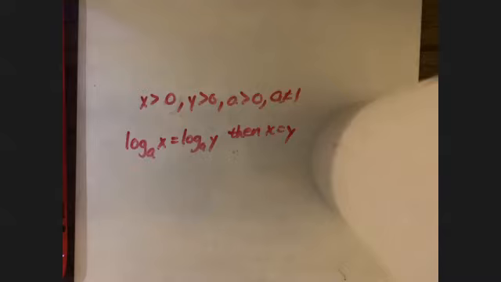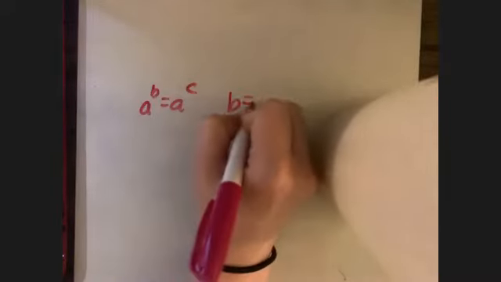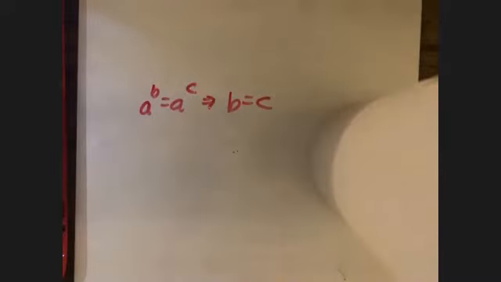Now, on the problems we're doing here, we're going to reach back into exponentials for just a little bit. Last time we worked on using a to the b equals a to the c, which meant that b had to equal c.